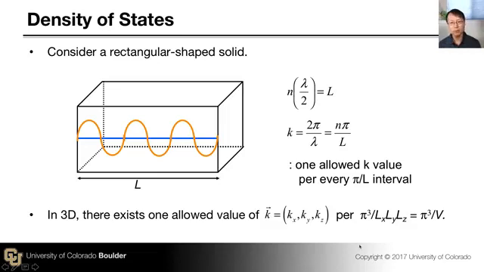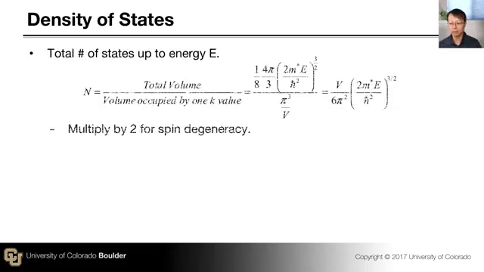The allowed values of k occupy a k-space volume of pi cubed over V, where V is the real space volume of the solid. Now, we can divide the total volume of k-space corresponding to the energy range from 0 to E by the volume occupied by one k.